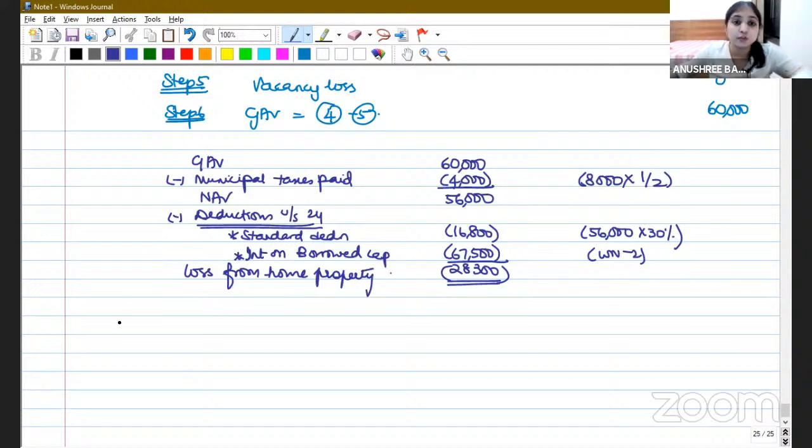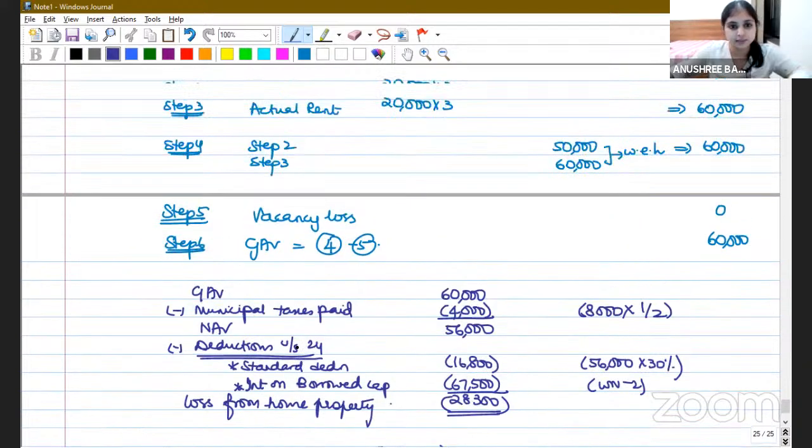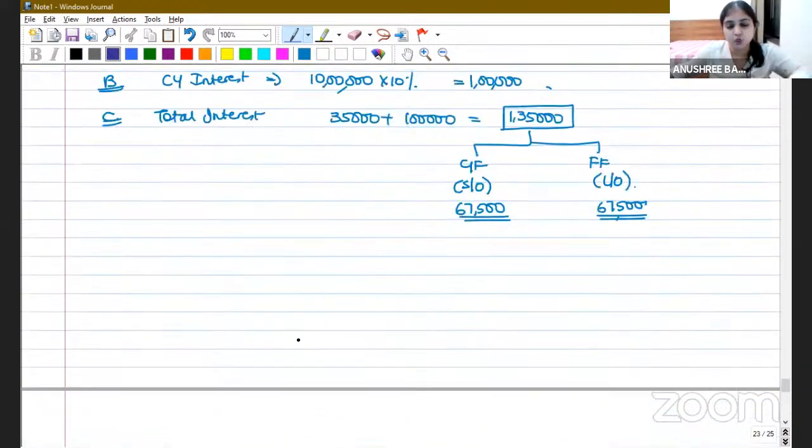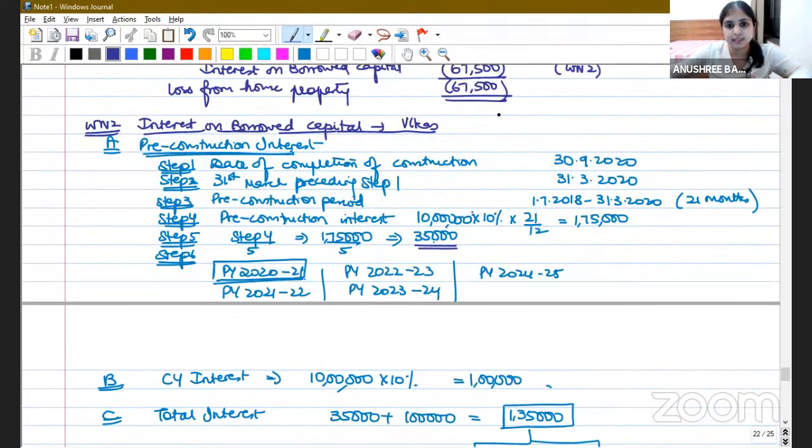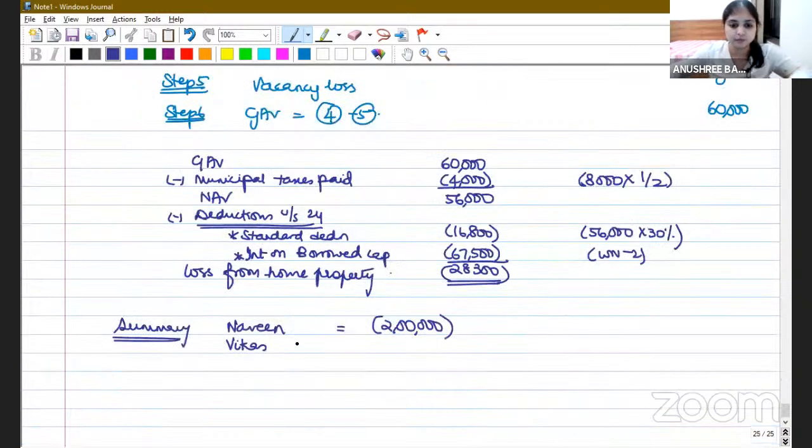Right? So if you look at the net number, if I have to give you the summary, for Mr. Naveen, we had a loss from house property of 2 lakhs. Isn't it? And for Mr. Vikas, we have 2 losses. We have 67,500 from the ground floor, and we have 28,300 from the first floor.